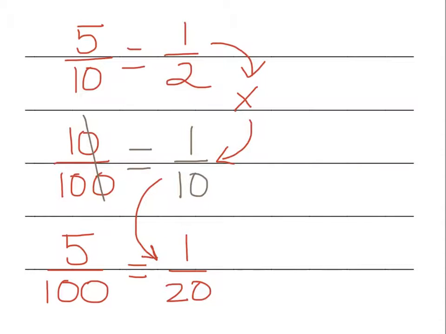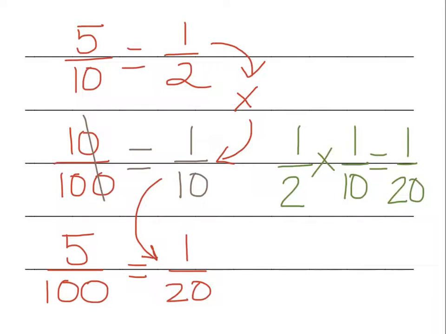Well, if we would have just read that at the beginning, we wouldn't have had to do all these pieces. We would have said 1/2 of 1/10 equals 1/20. So it's all just remembering that of, and that you multiply across the top and multiply across the bottom.